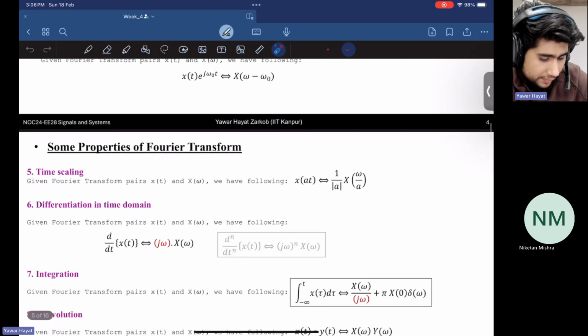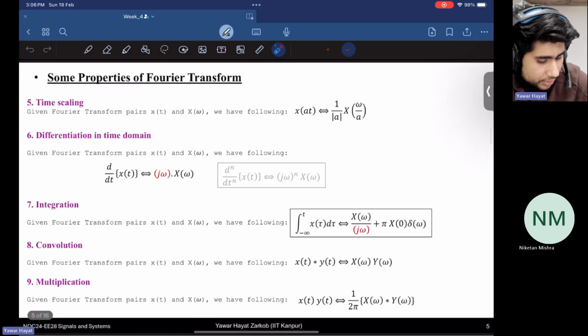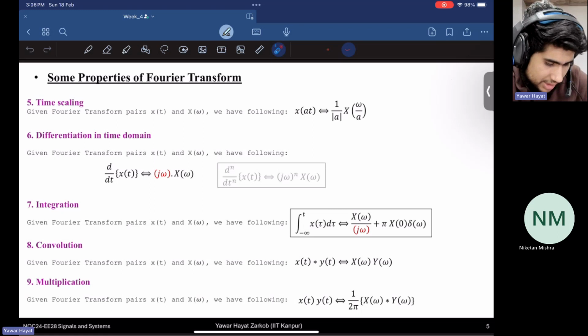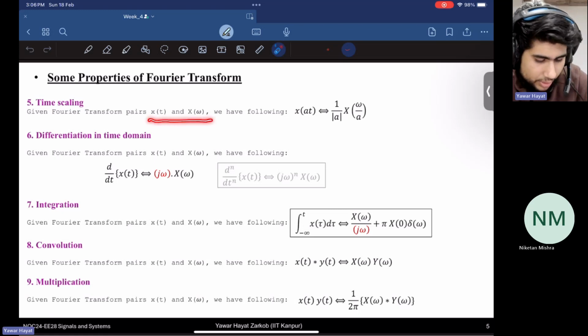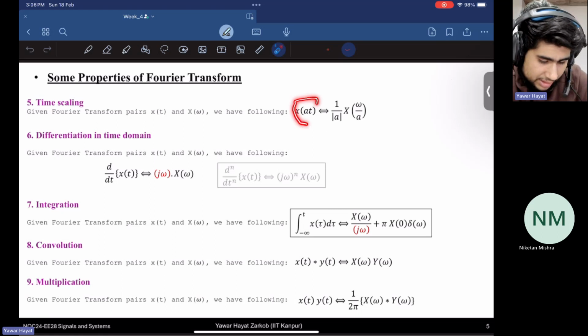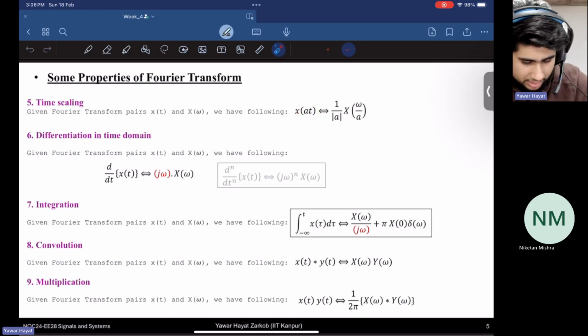Okay, and then we have some more properties of Fourier transform. Let's go through them. The time scaling property is one of them, which states that given the Fourier transform pair x of t and x of omega, x of at, the time scaled version of this x of t, right? That is given by 1 by modulus of a times x of omega by a.